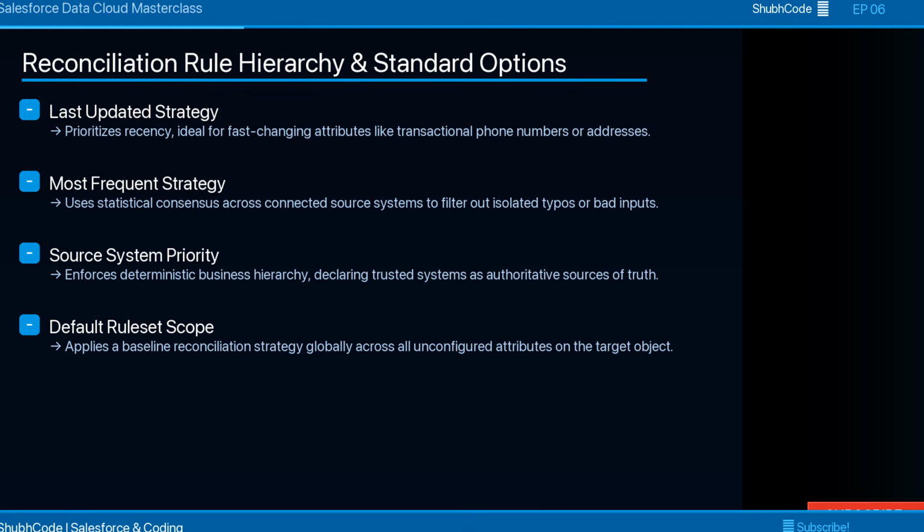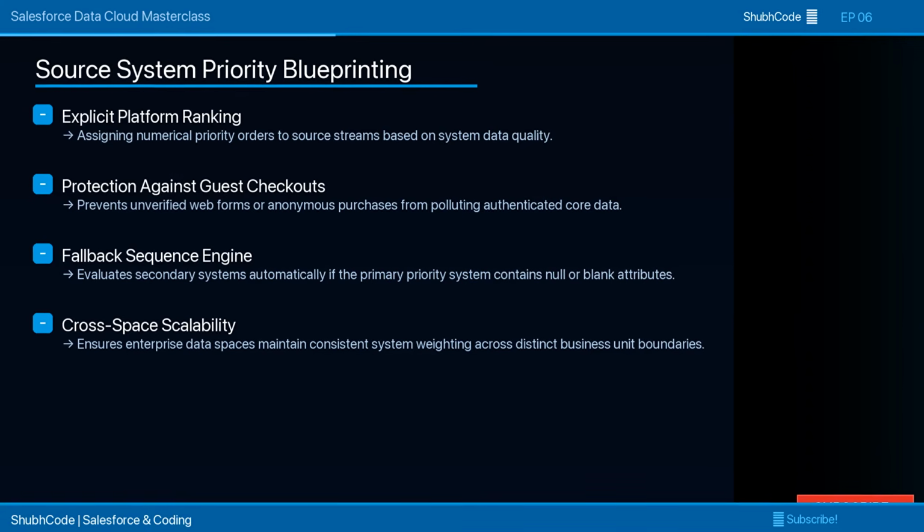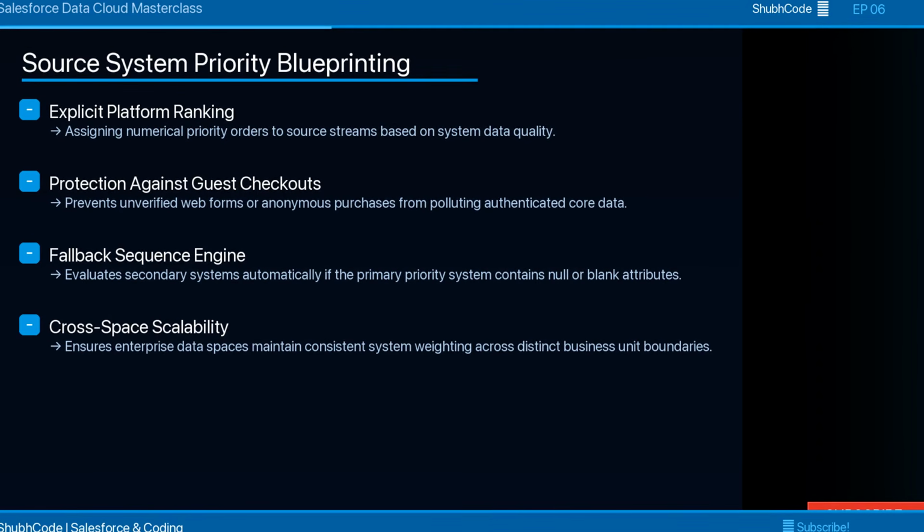Understanding when to apply each strategy across different business attributes is essential for maintaining high data hygiene across millions of unified profiles. Let me walk you through a practical enterprise scenario to demonstrate why source system priority is the gold standard for data survivorship. Suppose a customer updates their address inside your verified core CRM portal during a support interaction, but later makes a guest purchase on your website using an abbreviated address.